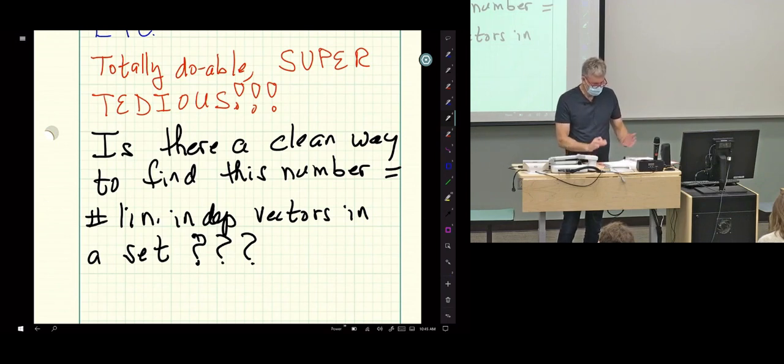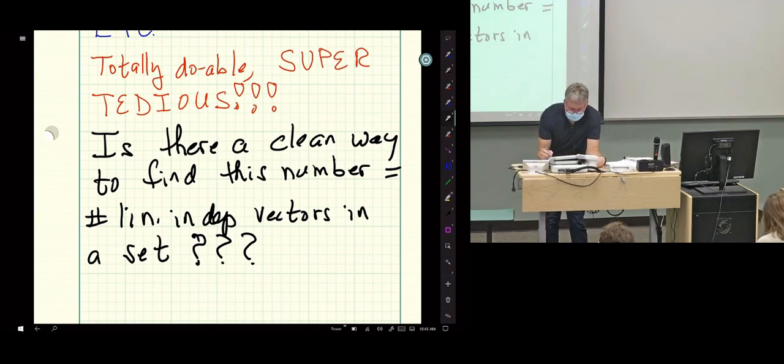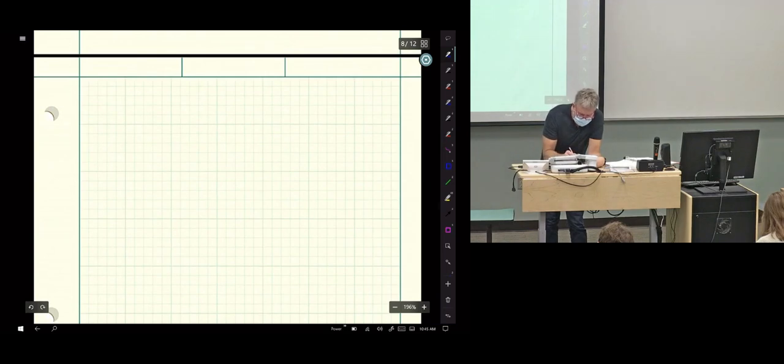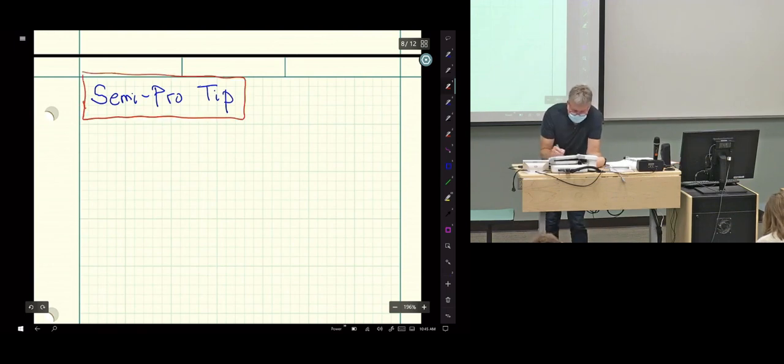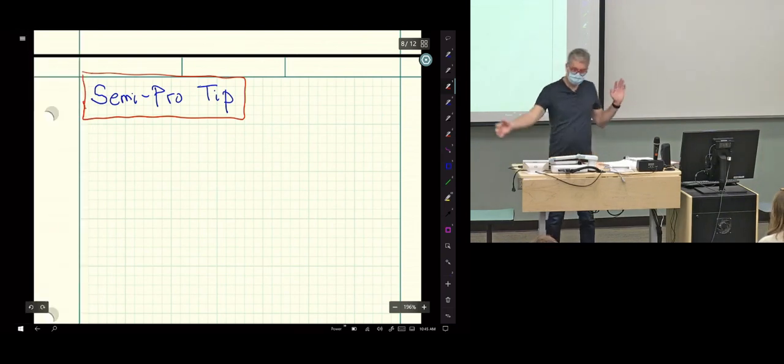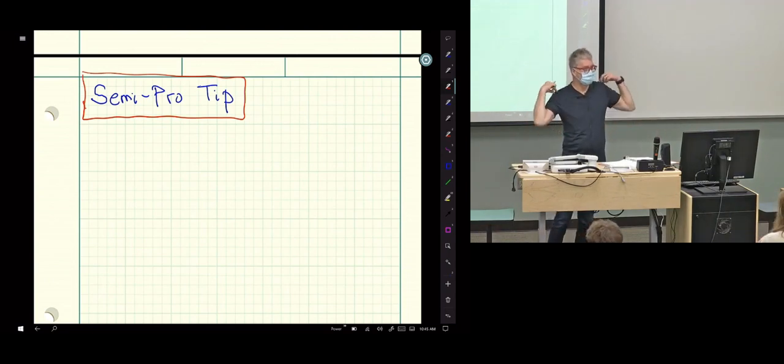So we're going to skip working out a particular example because I think you guys already get the idea that this is super, super tedious. And so here's the SemiPro Tip. If there's time towards the end of Rob 101, we might upgrade to the professional version, okay?